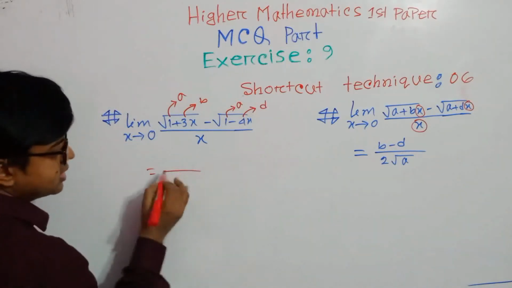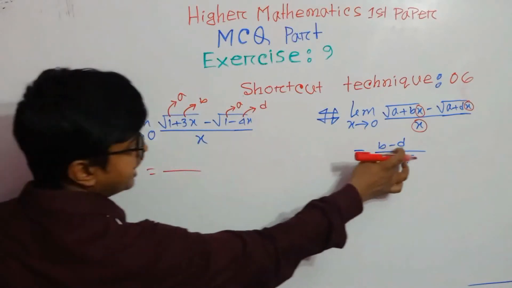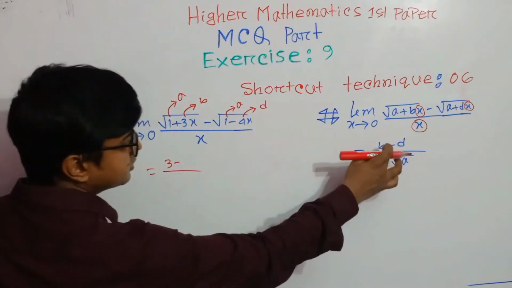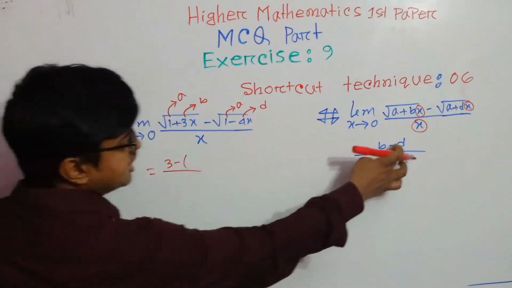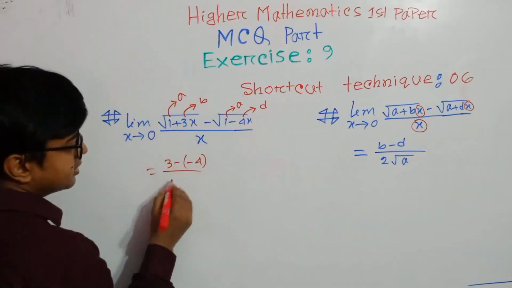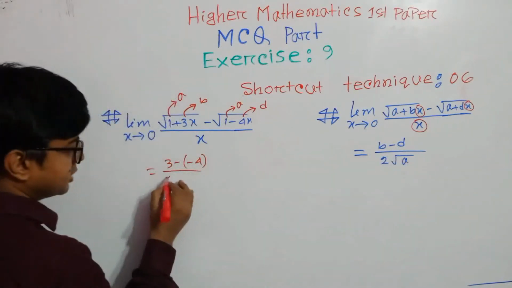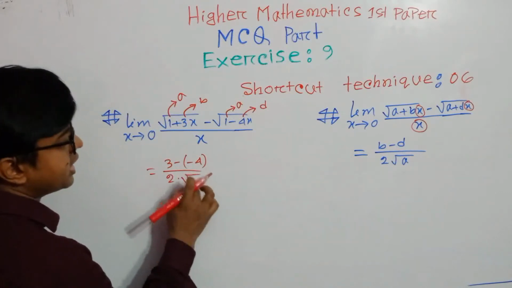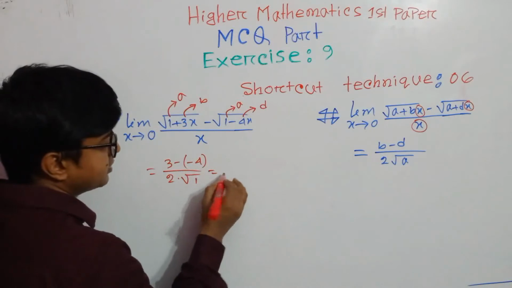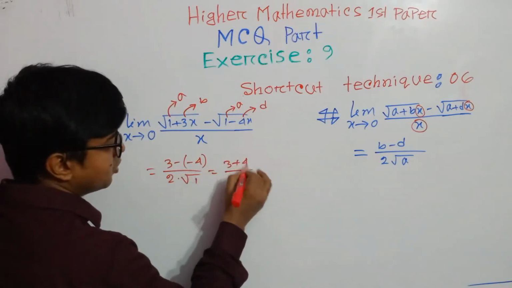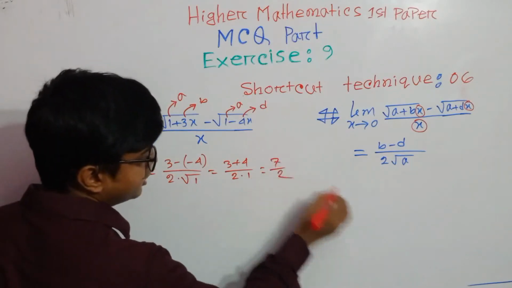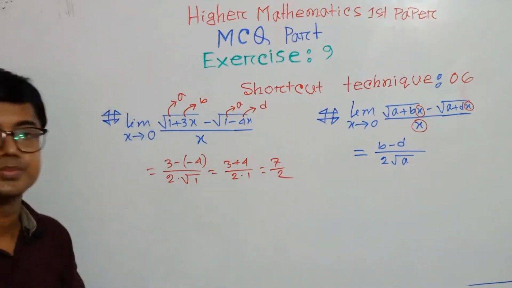So our answer will be b minus d, that means 3 minus d, where d is minus 4, and 2 root over a, that means 2 into root over 1. So we can write 3 plus 4 by 2 into 1, so our answer is 7 by 2.